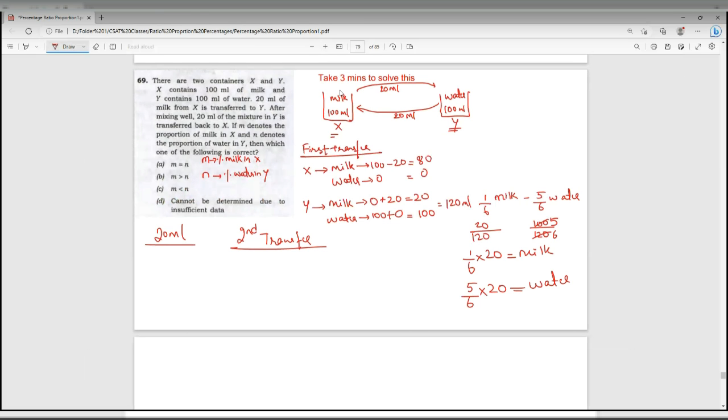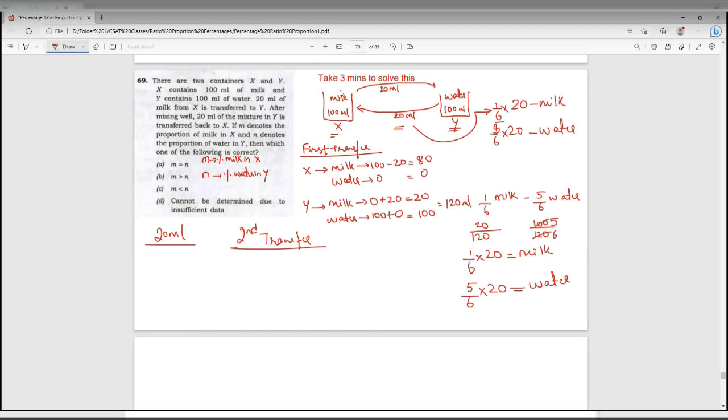This is what the constituents in this 20 ml will be. I would not calculate the exact amount, I would use it to simplify later.